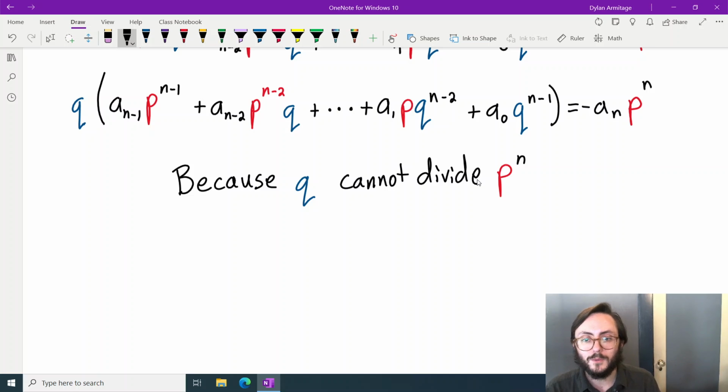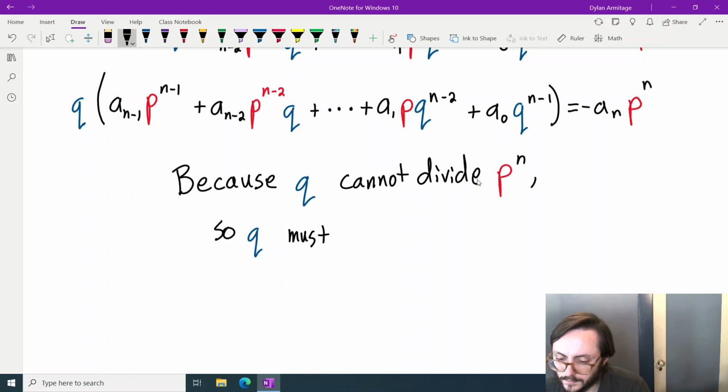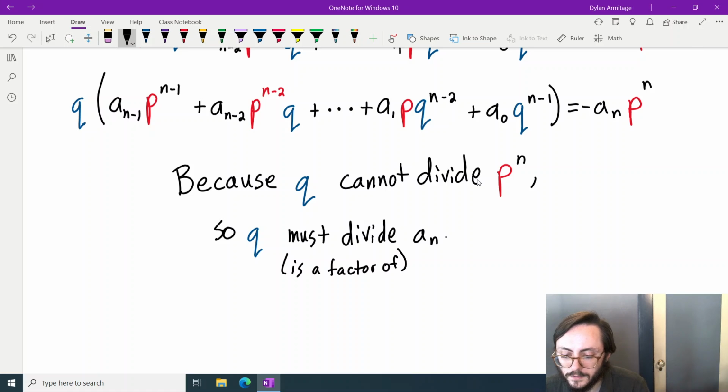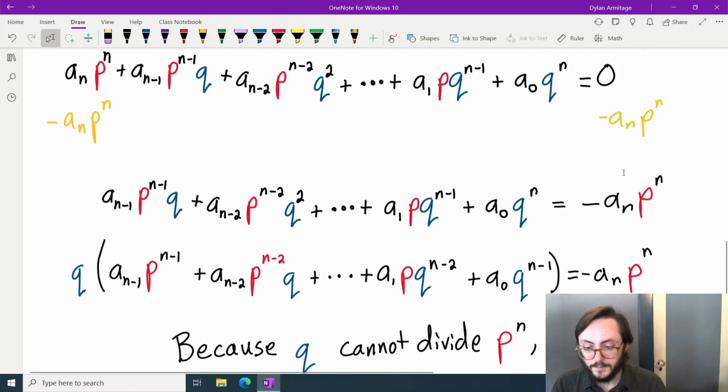Well, q must divide that something else, which is the a sub n, which means that q is a factor of a sub n.